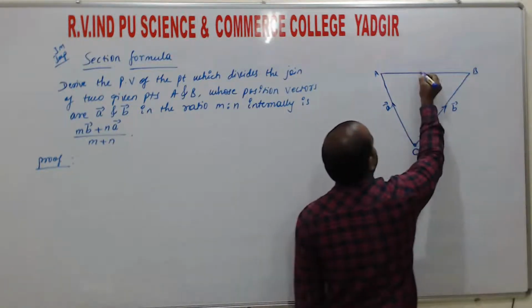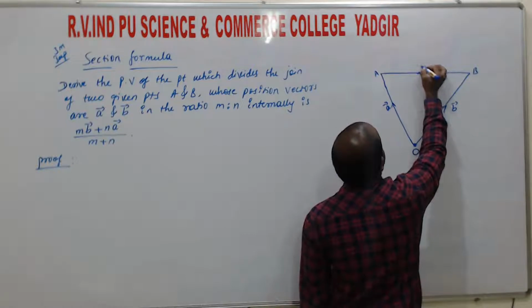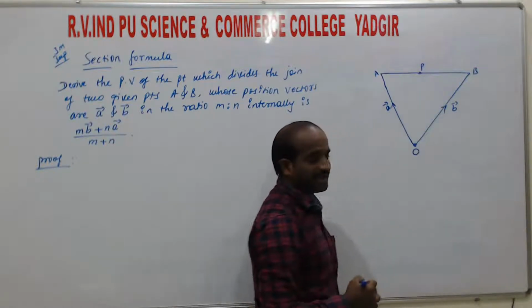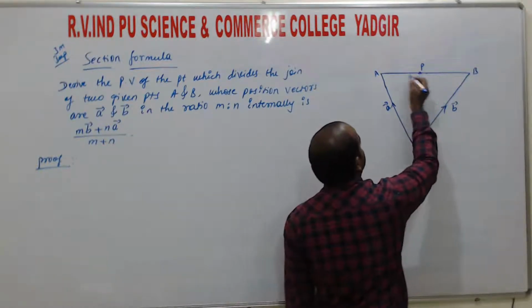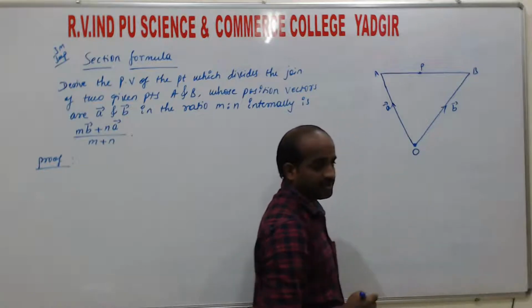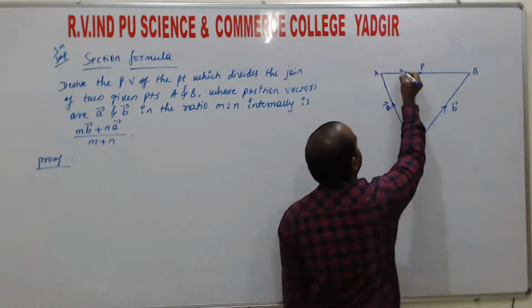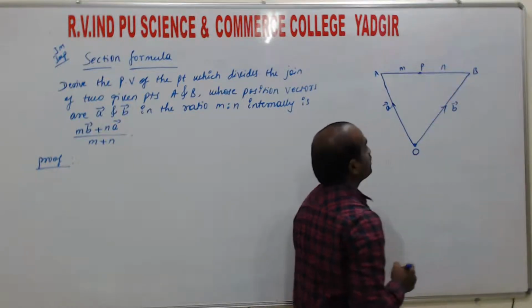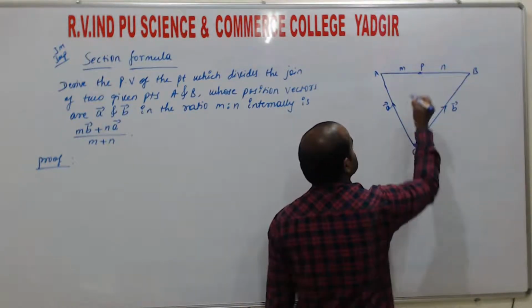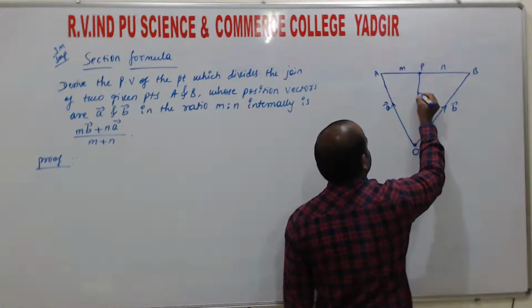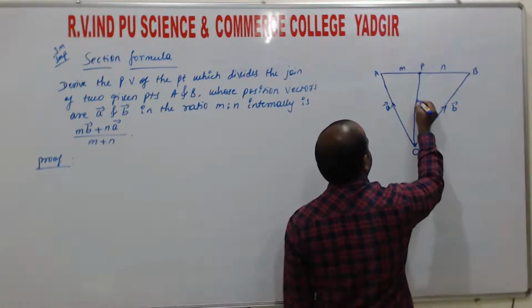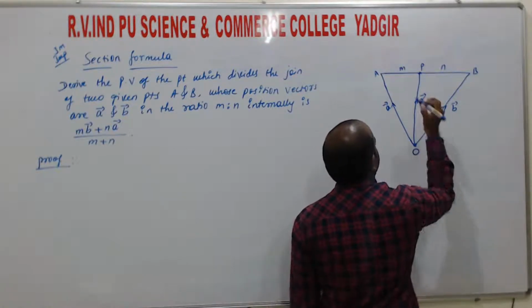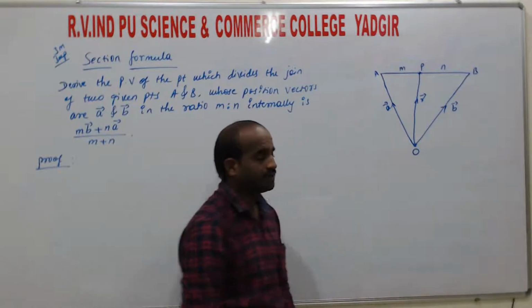Next, let P be the point on the line AB, which divides AB internally in the ratio m is to n. This is R vector.